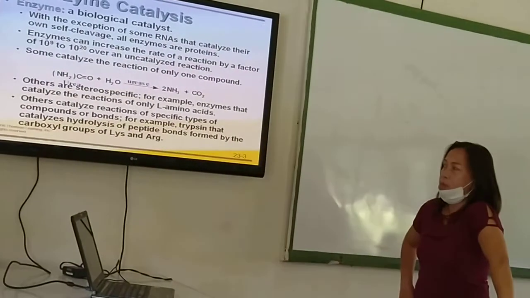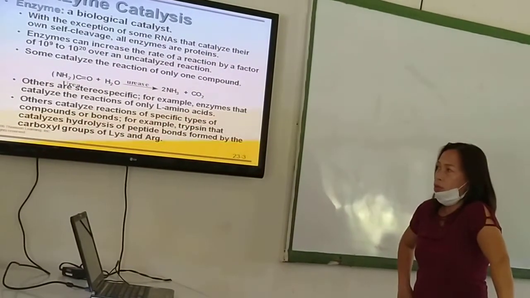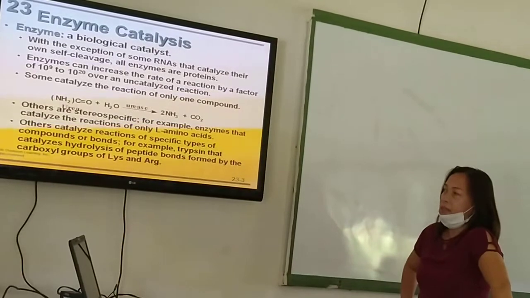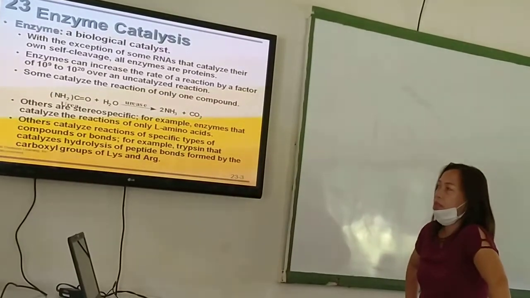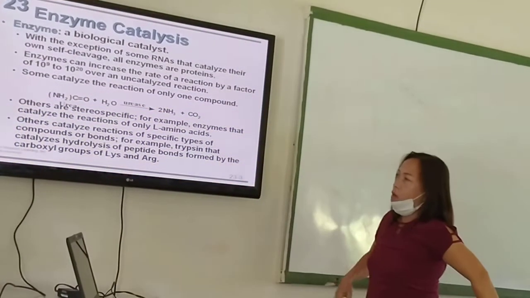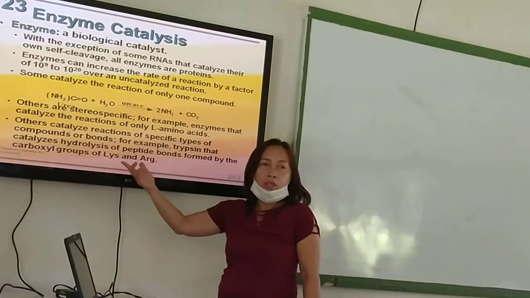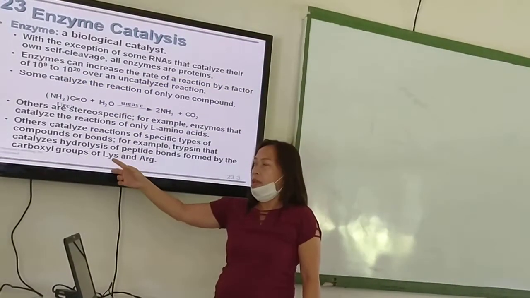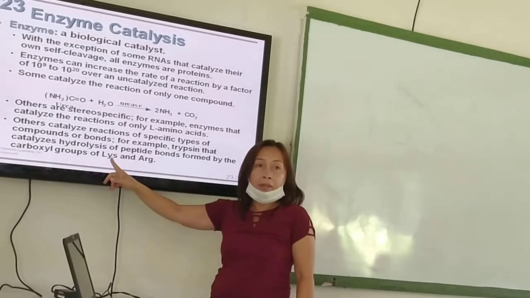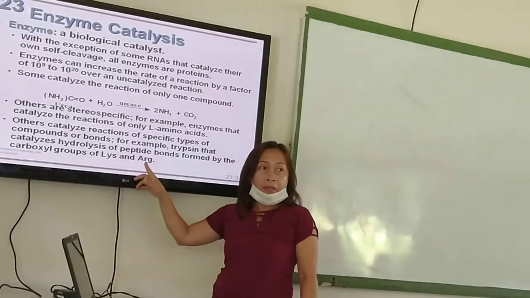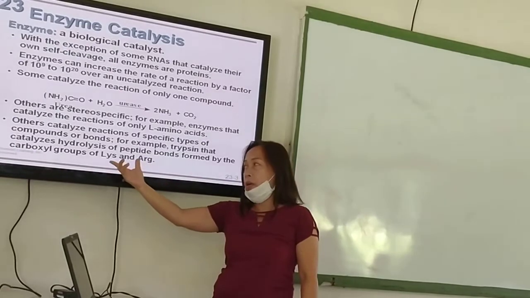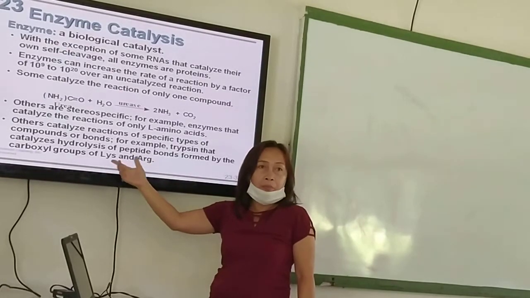Like for example, trypsin. Trypsin catalyzes the hydrolysis of peptide bonds formed by the carboxyl groups of lysine and arginine. So take a dipeptide, say lysine, one amino acid, and another, arginine, bound with a peptide bond.